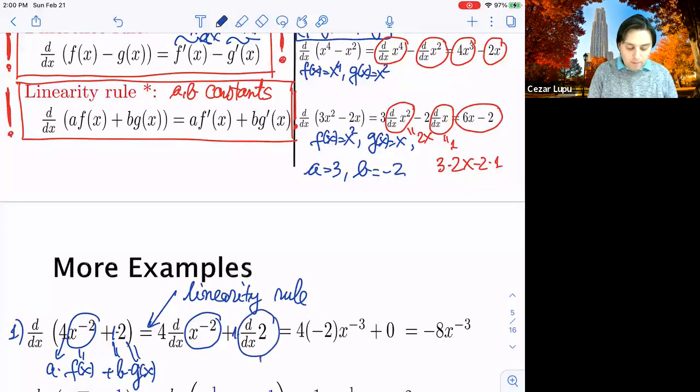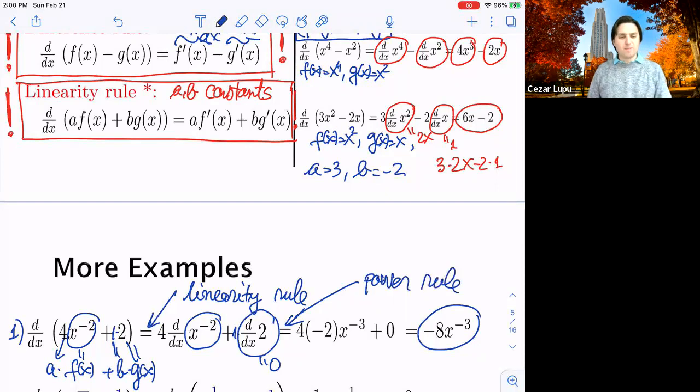Well, this guy will be 0 because it's the derivative of a constant by the constant rule, and here by the power rule, this will be nothing else than just 4 times negative 2 to the power x negative 2 minus 1, which is negative 3. And at the end of the day, we'll get this result here, right? So in other words, it's just the linearity rule, and if you want, here, the power rule.